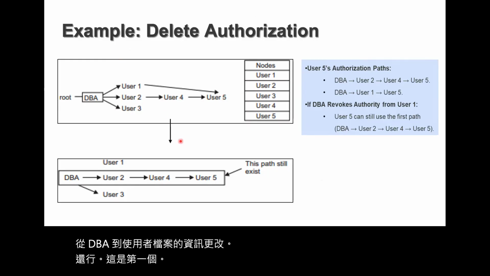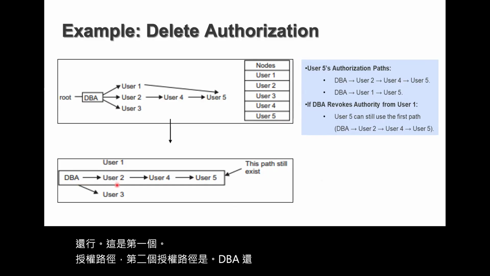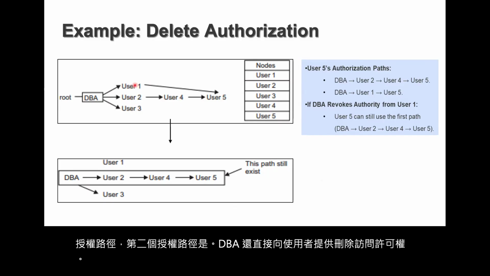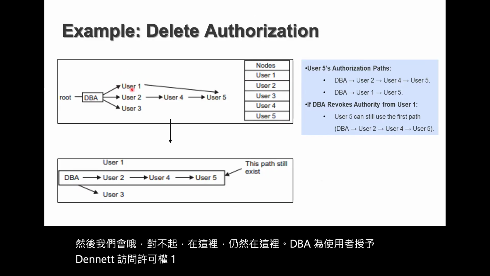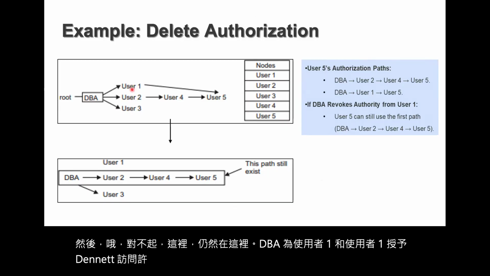Okay, that's the first authorization path. And the second authorization path is the DBA also gives the delete access directly to user one, who then also shares the delete access with user five.